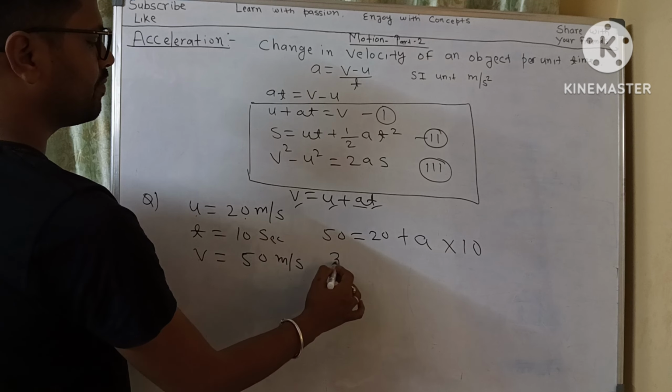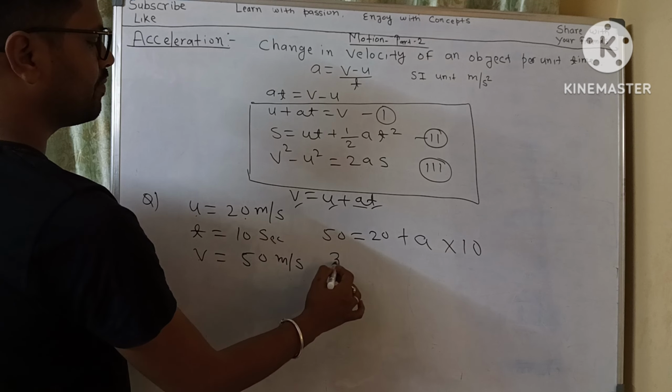What you have to understand in solving a numerical problem is that you have to read the question thoroughly one time, two times, and write the given data. It's very important to write the given data. After that, you have to use the equation of motion. How do you know whether to use this or this or this?